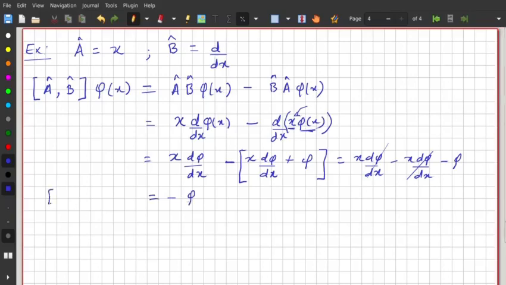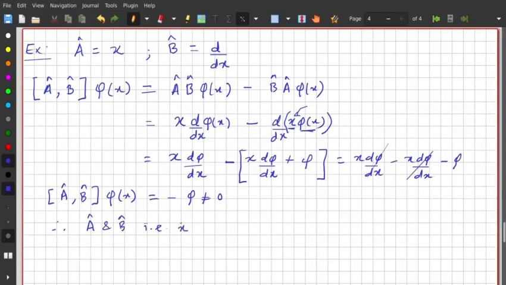So what we showed is that operators A and B acting on any arbitrary function phi give not 0, but minus phi. Therefore the commutator of x and d/dx is non-zero, and x and d/dx do not commute with each other.